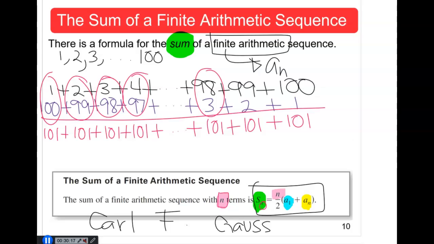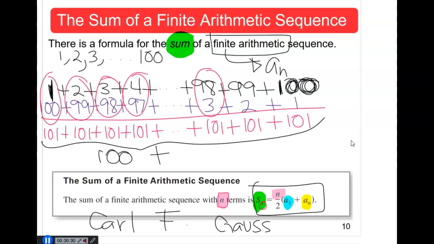And so the answer to that is the number of terms. So if it started with a 1 and ended with 100, he has 100 terms, or he had 100 terms. And so if he wrote the numbers, the sequence, or in this case, the series, twice, so he did that times 2.